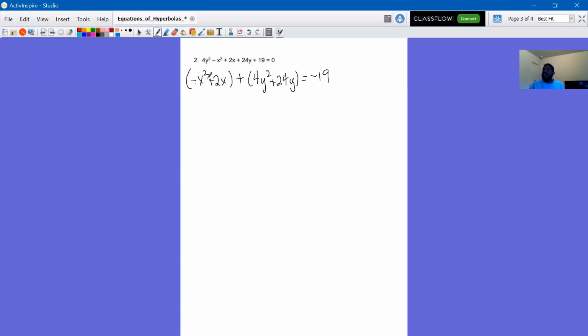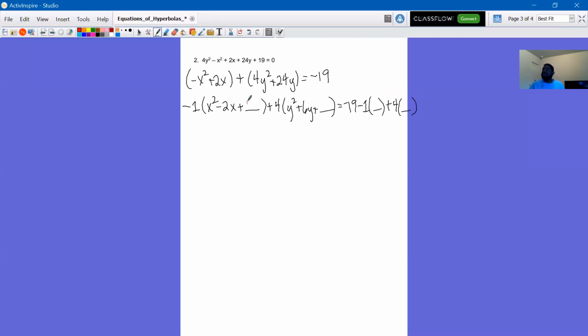And then we're going to factor out our a and b from each expression. So we're going to factor out -1 here. So that's -1 times x squared minus 2x plus blank plus 4 times y squared plus 6y plus blank equals -19 minus 1 times blank plus 4 times blank.